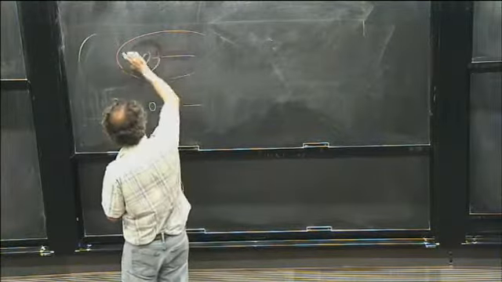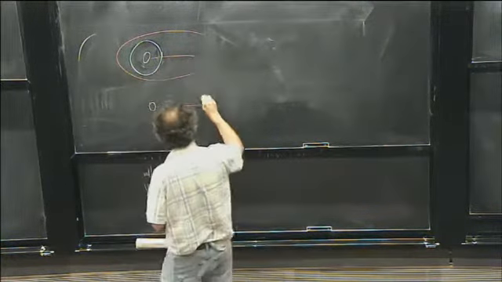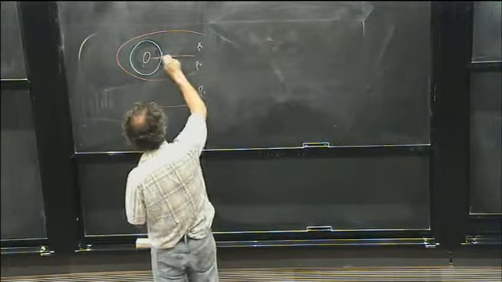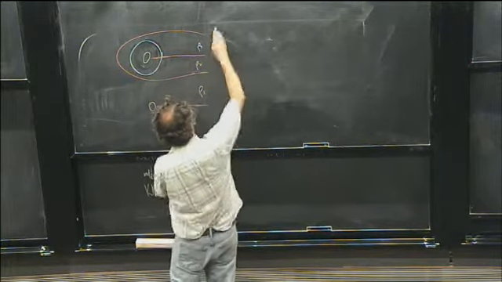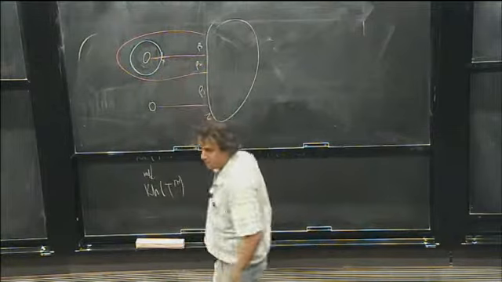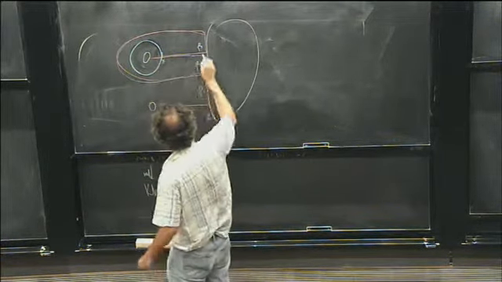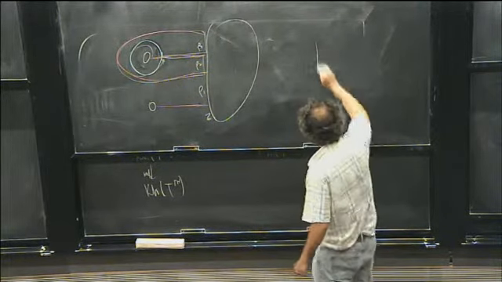I've got a white dot and a red dot, and I've got a path that goes from red dot, rho 1, rho 2, rho 3. We look at the algebra of paths, except I quotient out by rho 2 rho 1 and rho 3 rho 2, and I set them to 0. That might be right. OK, so that's going to be the algebra associated to a genus 1 surface.